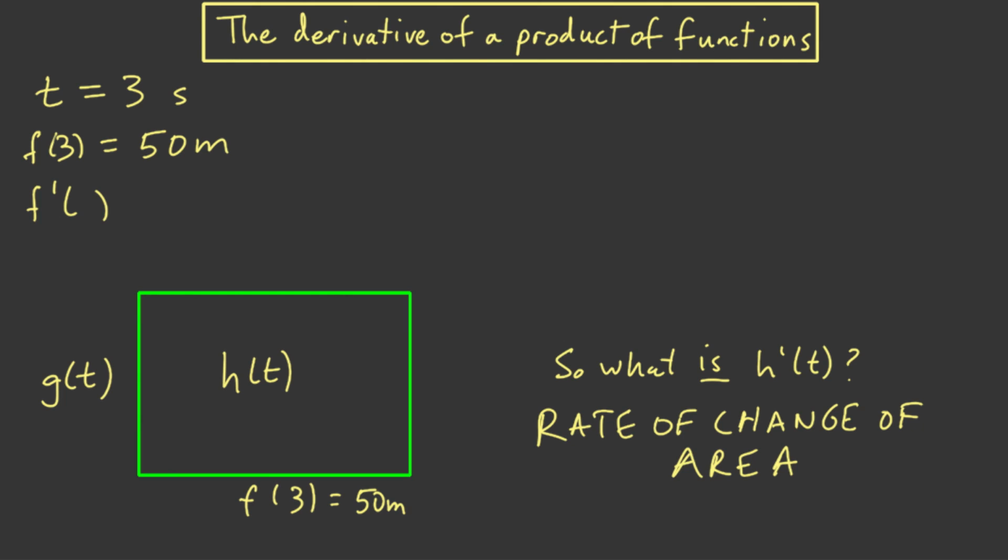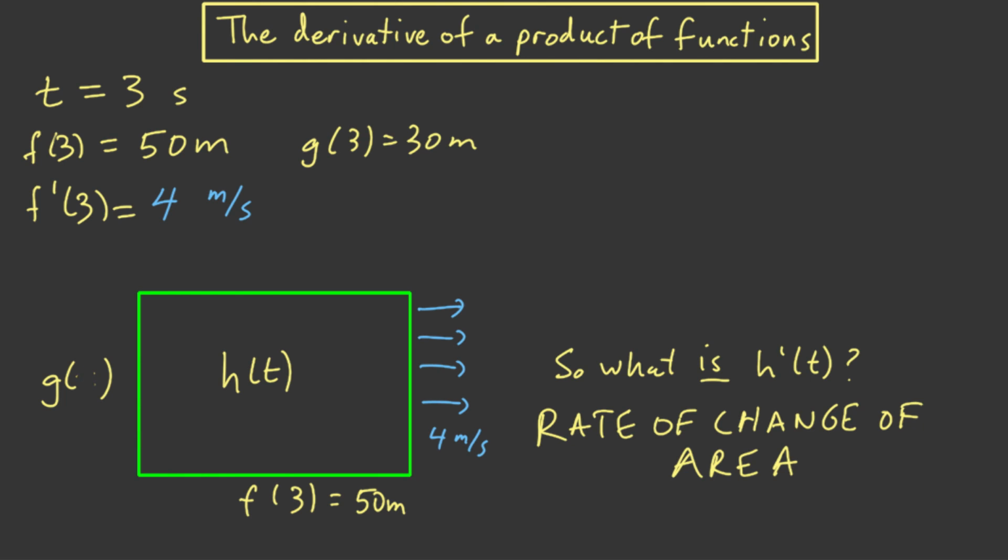So let's say that f prime of 3 is 4 meters per second. So what that means is that this width is increasing. So maybe this right edge of this rectangle is moving to the right at this rate of 4 meters per second.